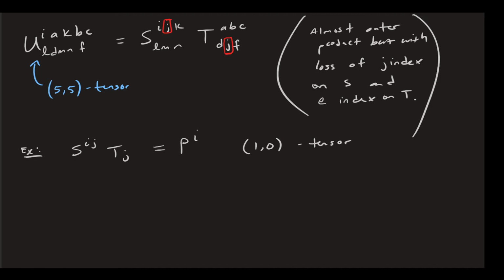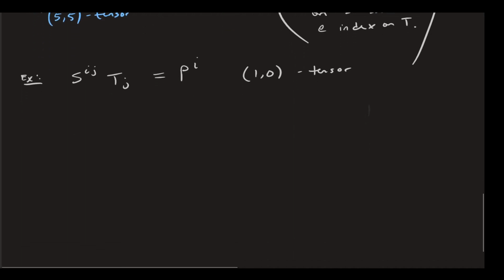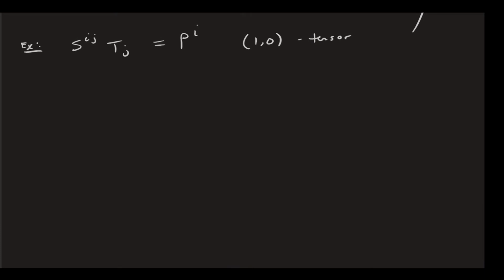So let's show that this inner product can indeed produce a tensor of the appropriate degree. We're just going to do these in examples. No, we're not going to do them in general. So example, suppose we've got something like S^ij and T_klm. So suppose these are tensors.